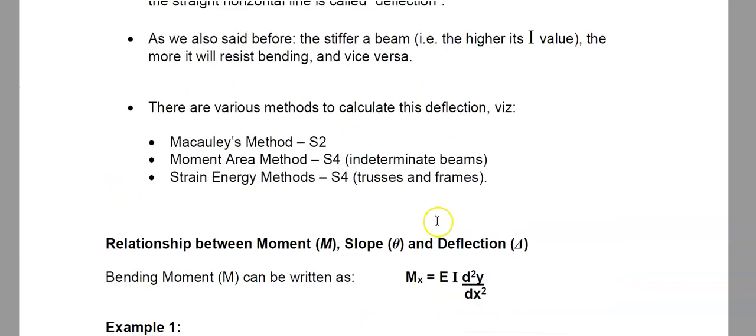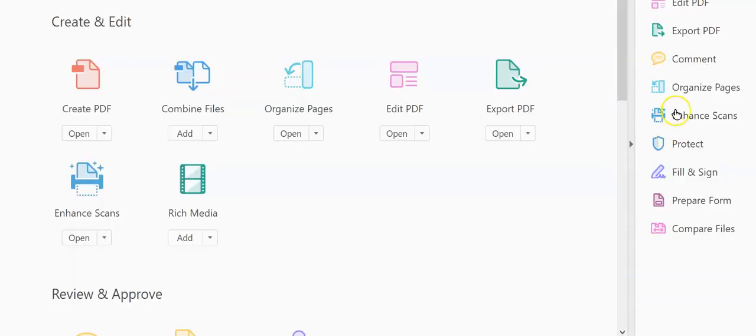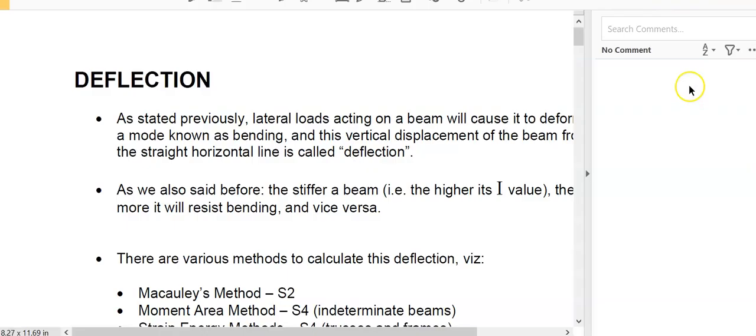Right, deflection. As stated previously, lateral loads. Lateral just means, if you have a beam, all the loads acting on the beam. If I can maybe just try and draw it, let me see if I can do something in PDF.